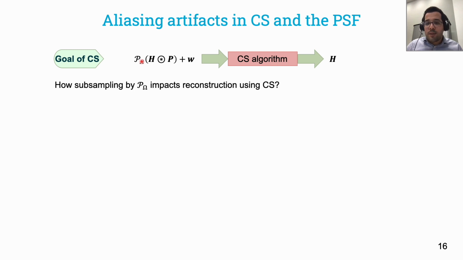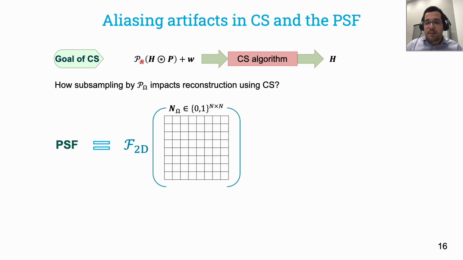For this, we need to understand the idea of PSF, which stands for the point spread function. The PSF determines the level of aliasing artifacts in the beam space due to subsampling. It's the 2D DFT of a matrix that is 1 in the locations that are within the set omega, and 0 in other locations.